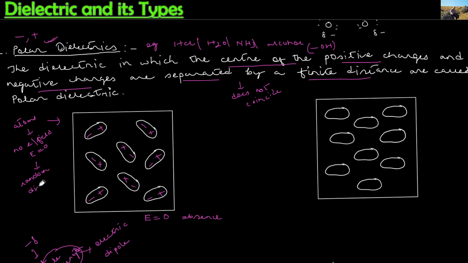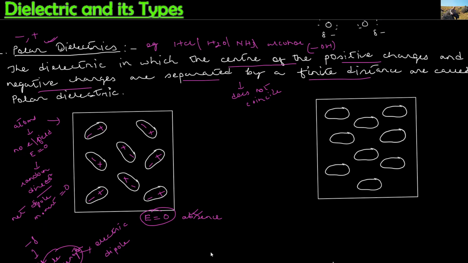When all these atoms are in random direction, it means that the net dipole moment will be 0, as they cancel each other's effect. The net dipole moment will be equal to 0 in the absence of an electric field.